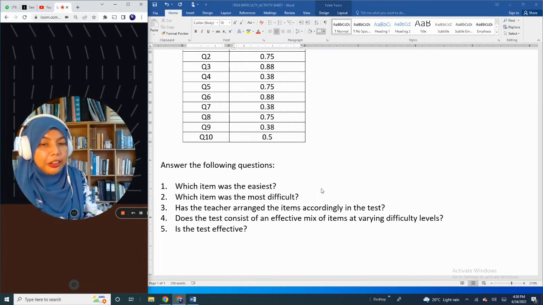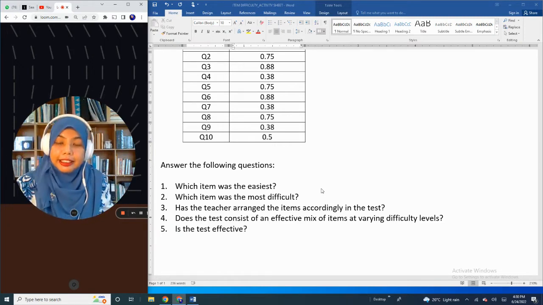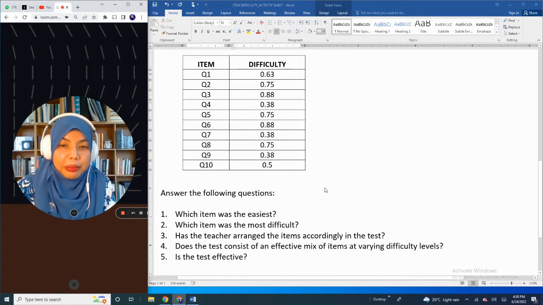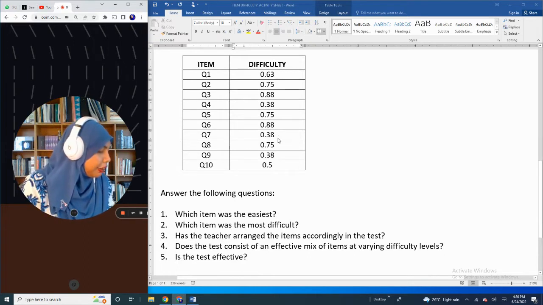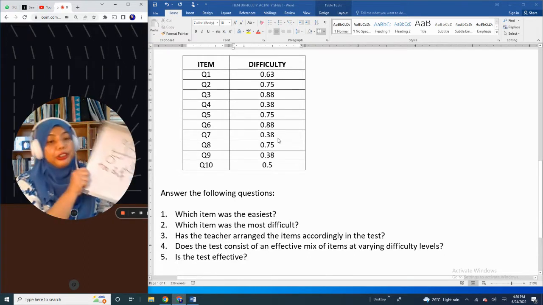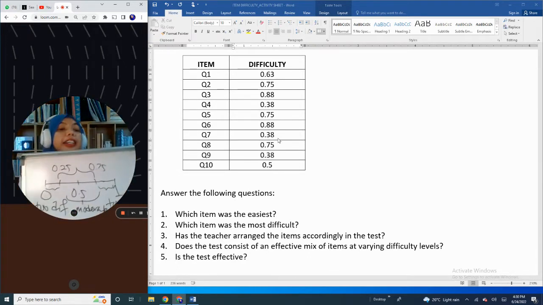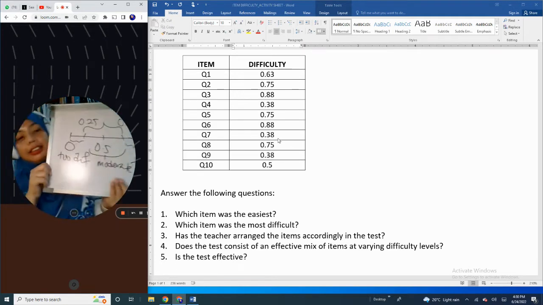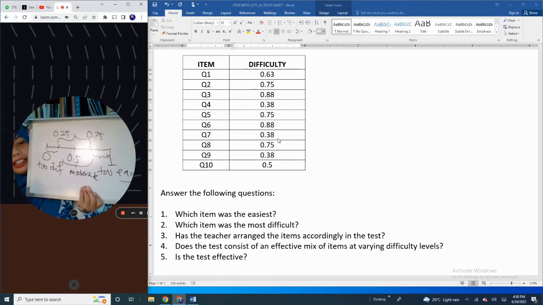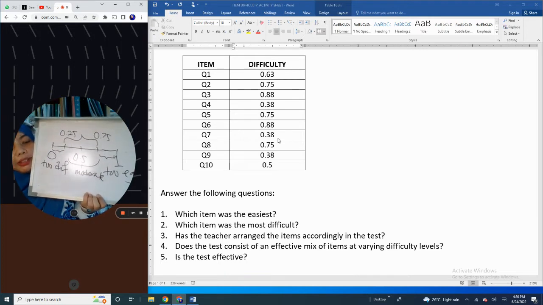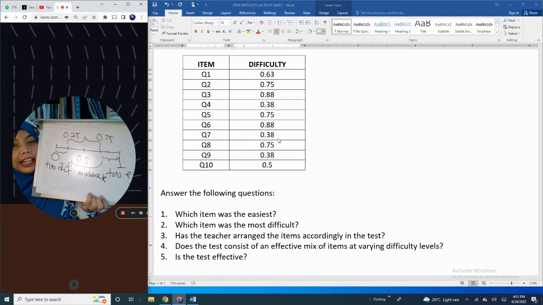Item 1. Which item was the easiest? Let us look at our item difficulty table. Okay. In order to find the easiest item, all you need to do is to find the item that has 1 as its difficulty index, or the index that is the closest to 1.